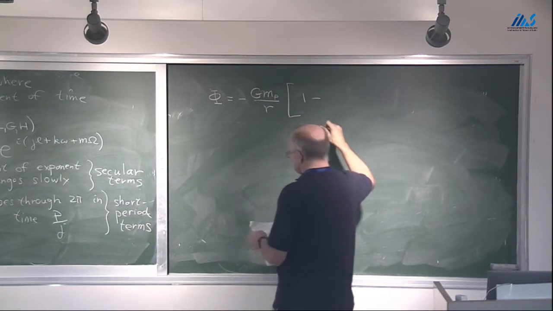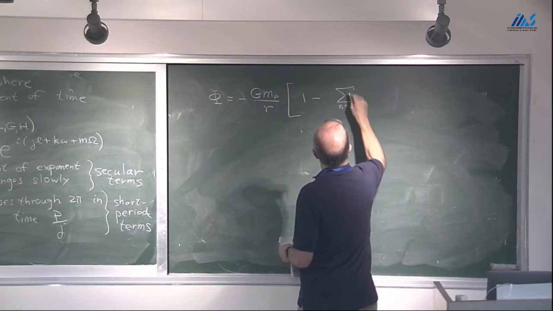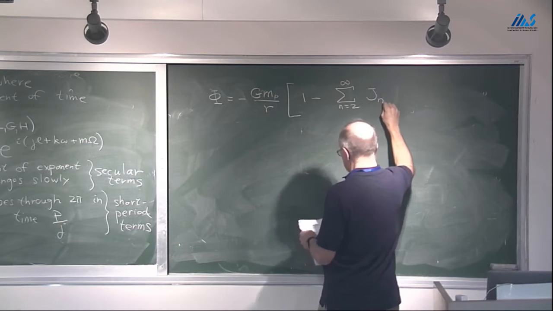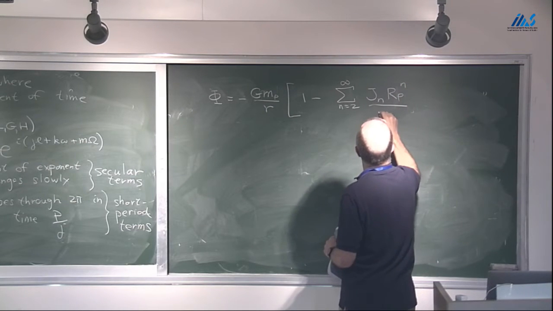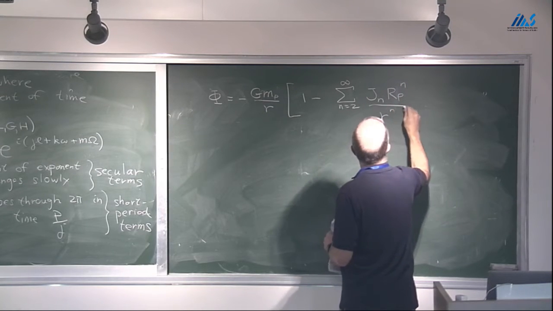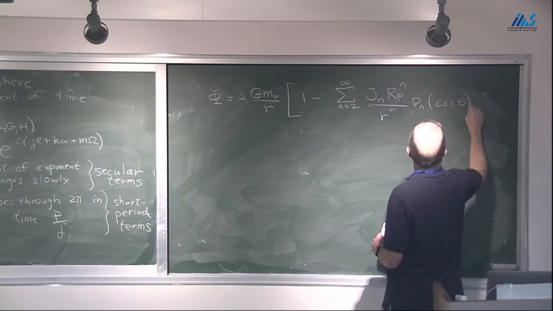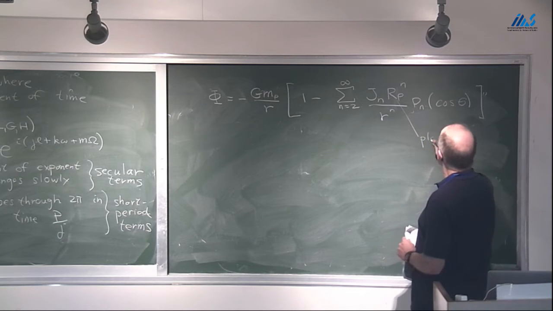And if the planet's axisymmetric, it can be expanded in terms of multipoles, Jn Rp to the n over r to the n Pn cos theta. So Rp is the planet radius.